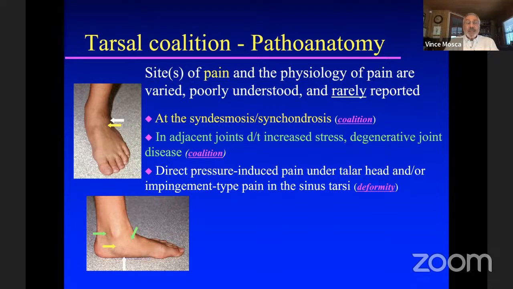I said last week that individuals who have flexible flat feet and tight Achilles tendons will sometimes report pain under the medial midfoot, under the talar head, and impingement type pain in the sinus tarsi. Well, that's flexible flat foot with tight tendo-Achilles. Rigid flat foot with tight tendo-Achilles can have the same sites of pain, those two locations.